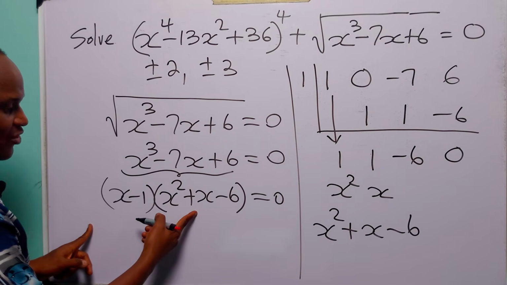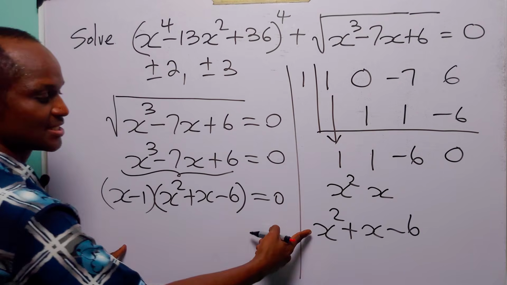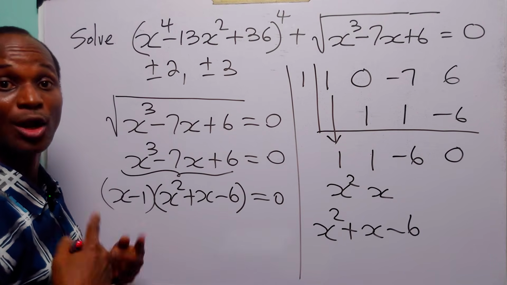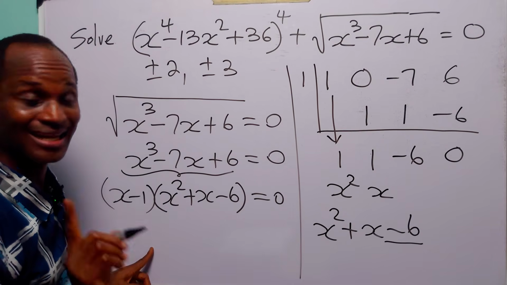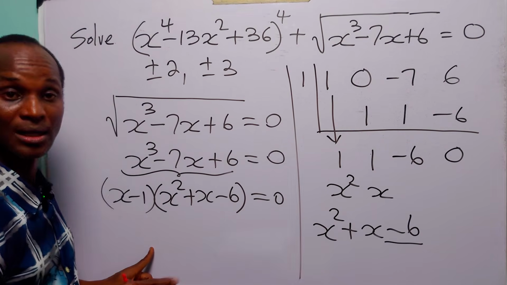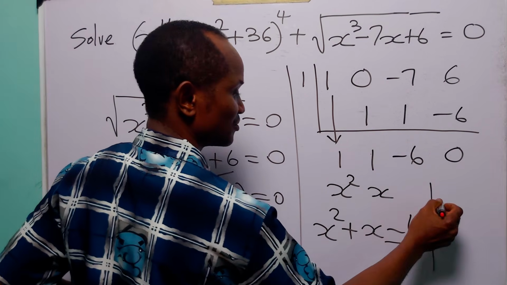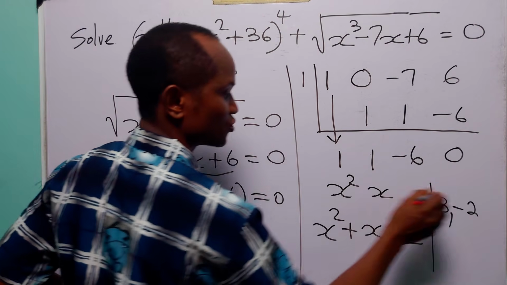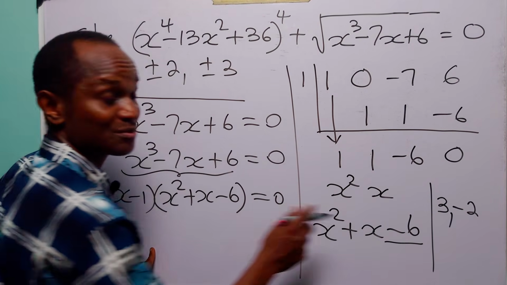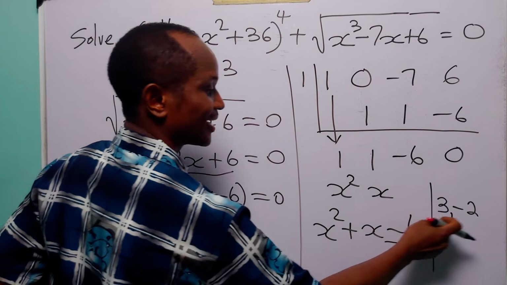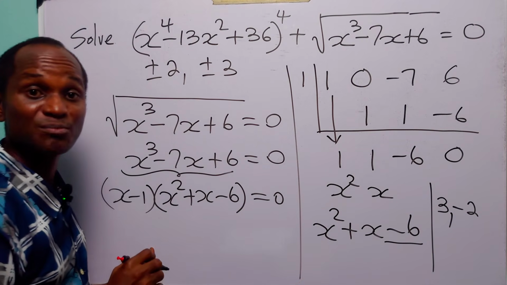Now, we can further factorize this. Since the coefficient of x squared is 1, all we have to do is to find the factors of minus 6 that add up to plus 1. And of course, those are going to be 3 and minus 2. Because 3 times minus 2 is going to give us minus 6, while 3 minus 2 is going to give us plus 1.